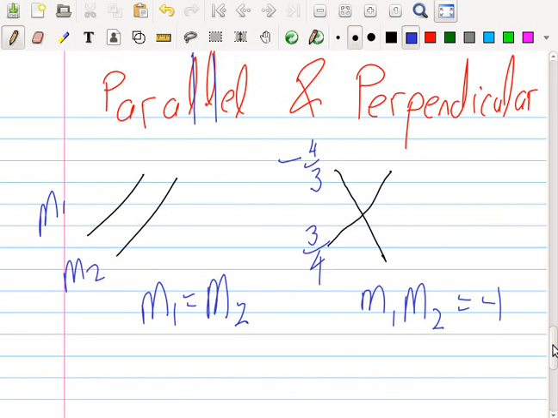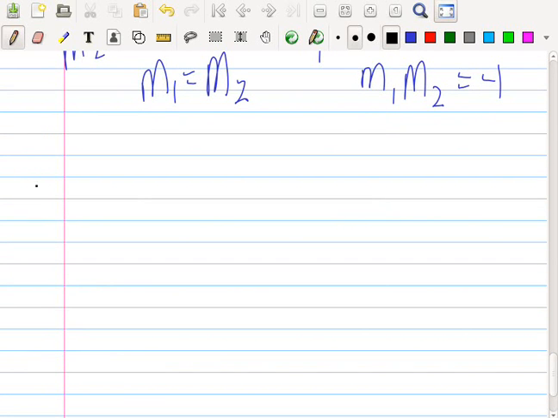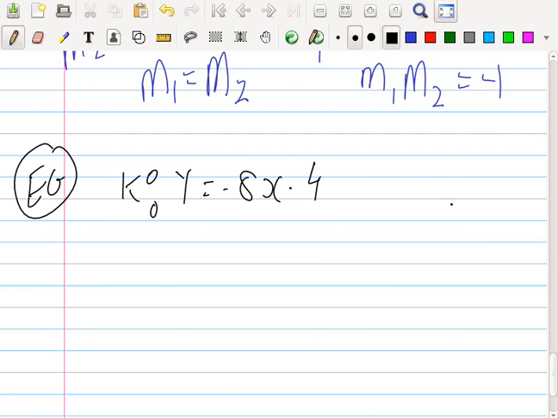Right, let's have a look at some examples now. So first example here. Here's line K. Y equals minus 8x minus 4. And here is point A. Minus 1, minus 2. And I say find the line that is parallel to K and passes through A. I'm actually taking 1B here.